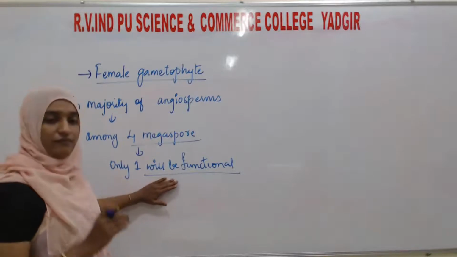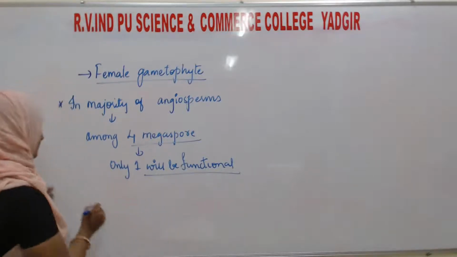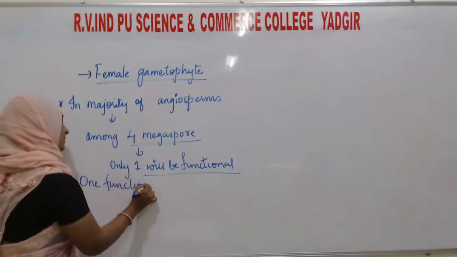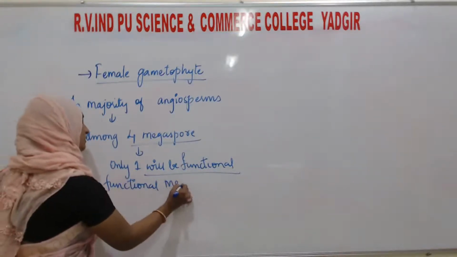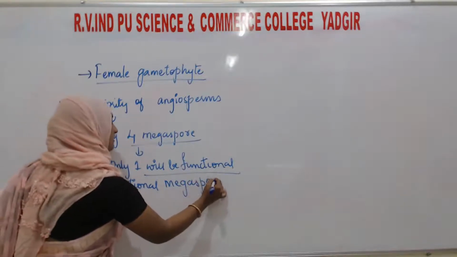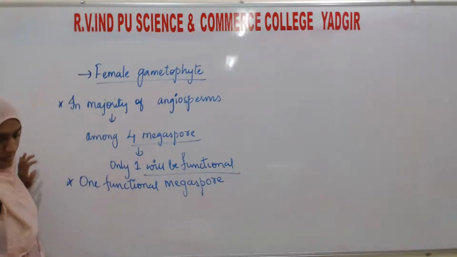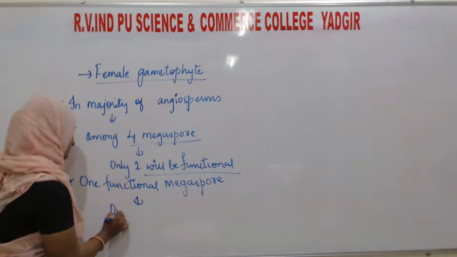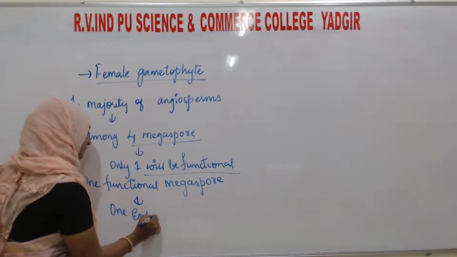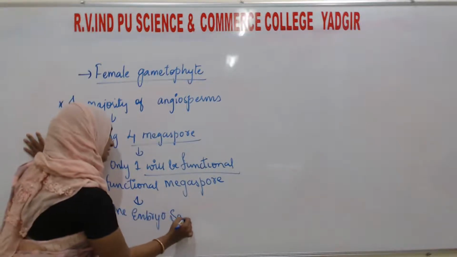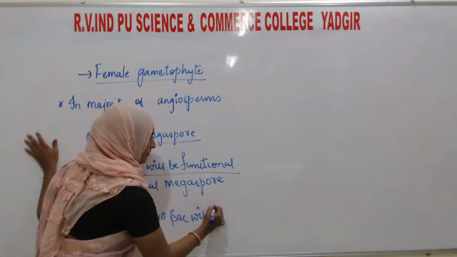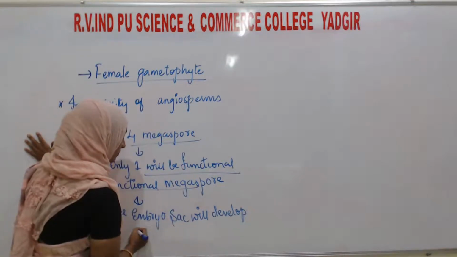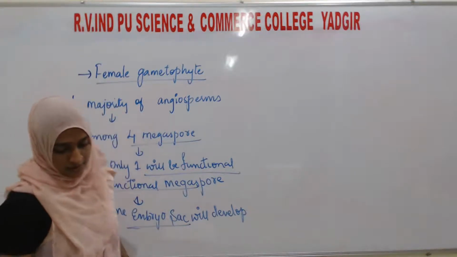So from this one functional megaspore, one embryo sac is going to develop. From how many? One megaspore, only one embryo sac is going to develop.